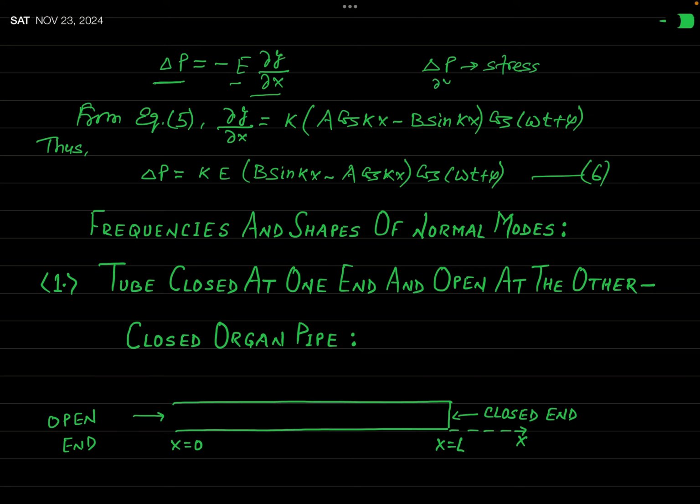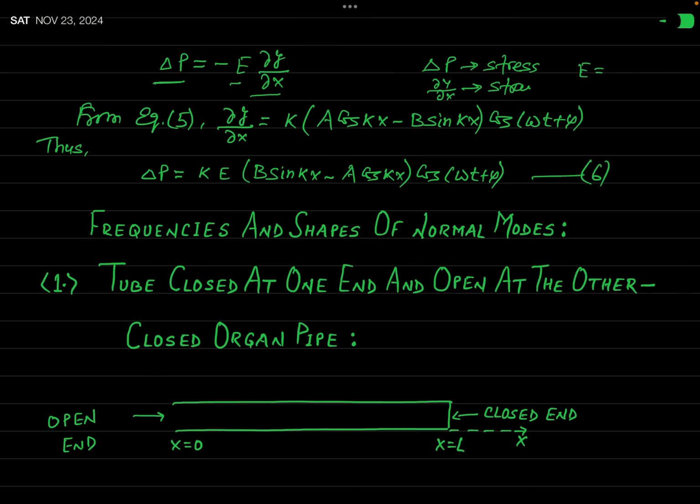And del y by del x, you have seen in my previous video, is simply the bulk strain. So when you find the bulk modulus of elasticity E, it will be stress divided by strain. But as I have told you in my previous video, this minus sign is required for getting the positive value of elasticity.